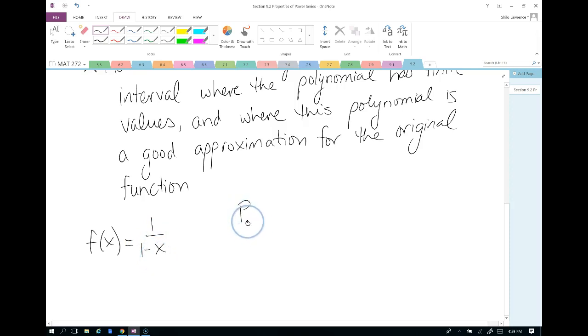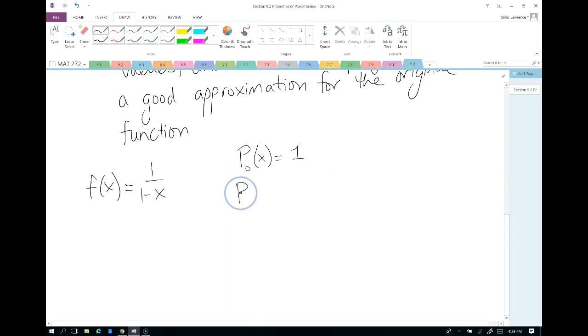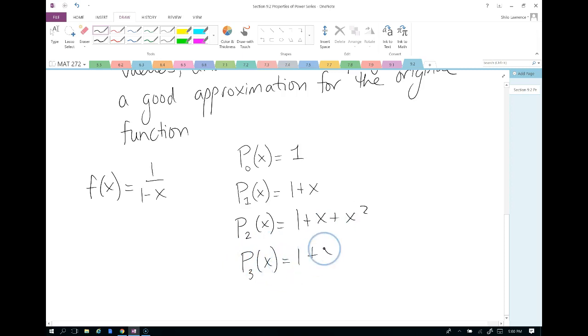If you look at some of the representative polynomials, the 0 degree is just equal to 1, first degree is 1 plus x, second degree is 1 plus x plus x squared, third degree is 1 plus x plus x squared plus x cubed.